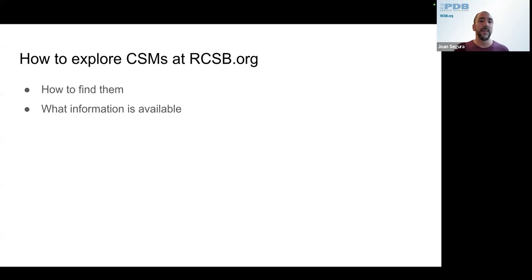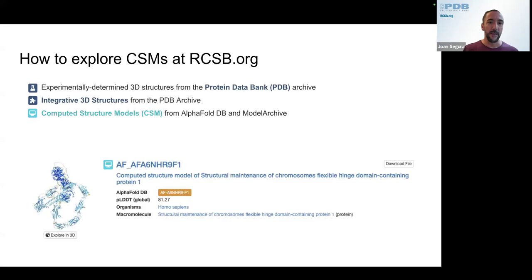Okay, so now before going to the hands-on, to the demo, let's explain briefly how to find computed structure models at rcsb.org and what information is available.